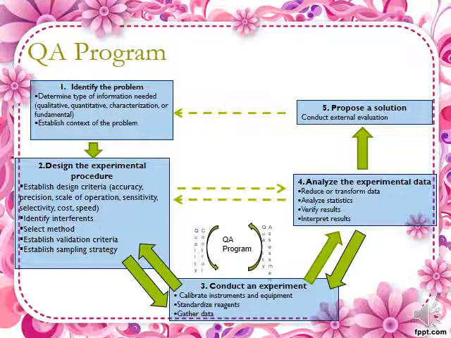So this is the summary of a QA program, quality assurance program. Initially, the first step is to identify the problem. If you look at this program, it's more or less the same as the steps taken under quantitative analysis, but it's simpler. Similarly, identifying the problem means determining what type of information is needed, whether it's qualitative, quantitative, characterization, or fundamental.